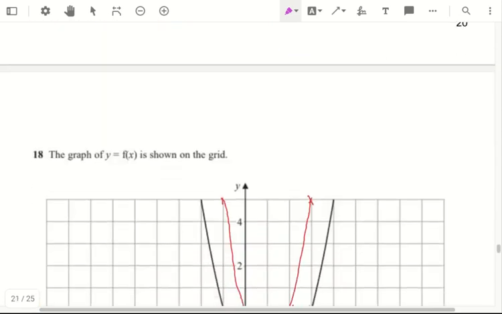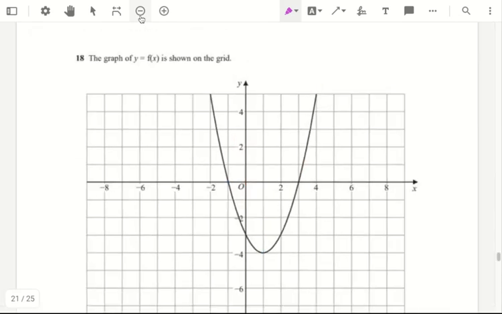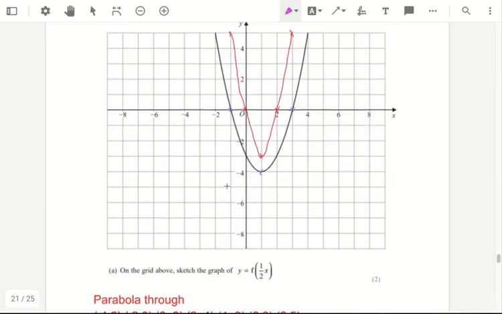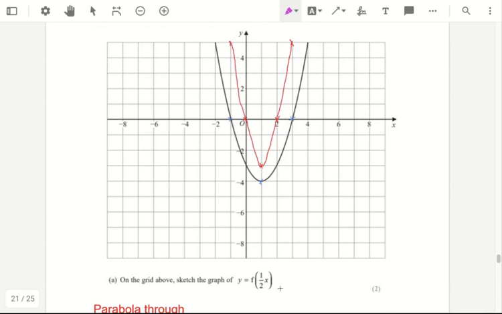All right. Okay, next question, 18. This question asks us to sketch the graph where y equals f of half x, right?